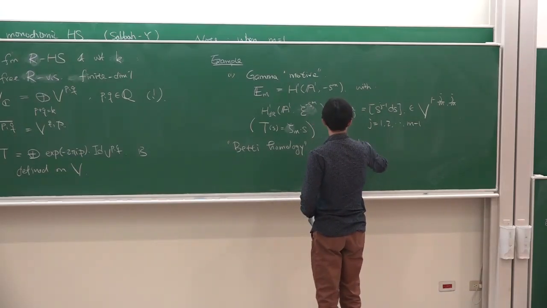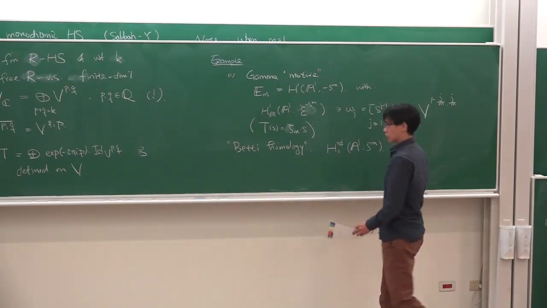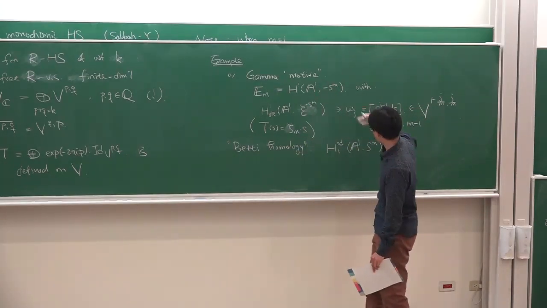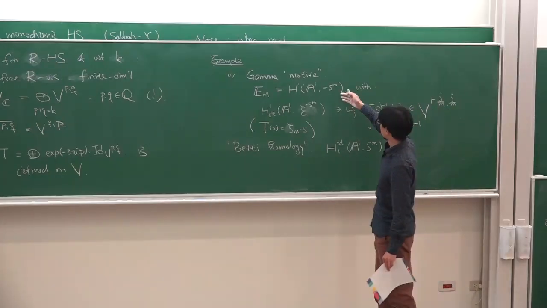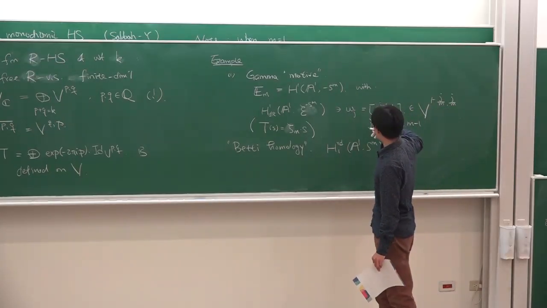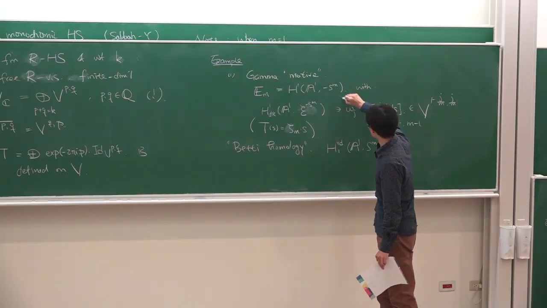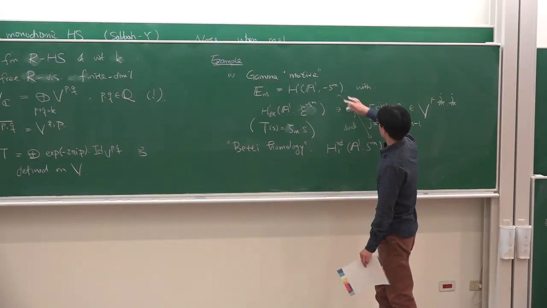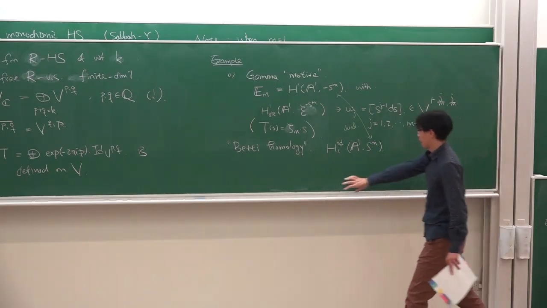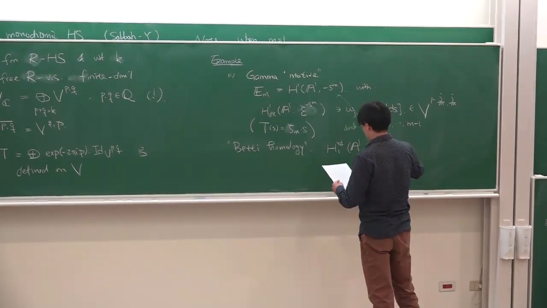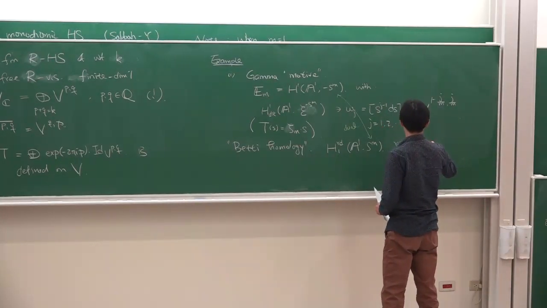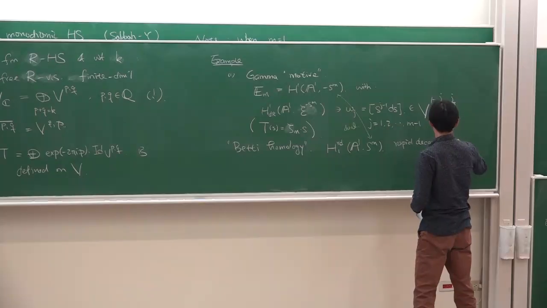So it's of A1 with S_m. Here, because I want to have a pairing between the cohomology and the homology, I need to change the coefficient to be the dual. So these are dual to each other, and we have a natural pairing on the coefficients. This is called the rapid decay homology.